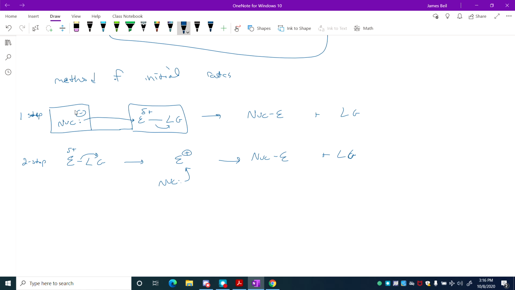So if I start with 1 molarity of each of these, and I'm able to measure the initial rate, or once I add those starting molarities together, how often is the product produced? So I'll just make up a number. Let's just say it was 4.0 millimolar per second.